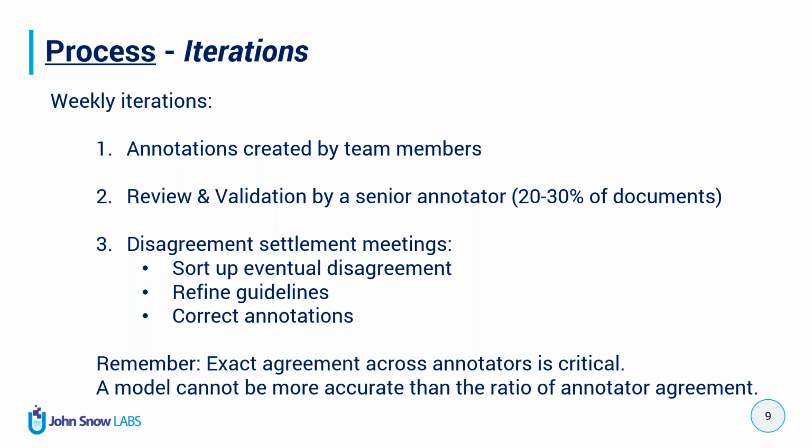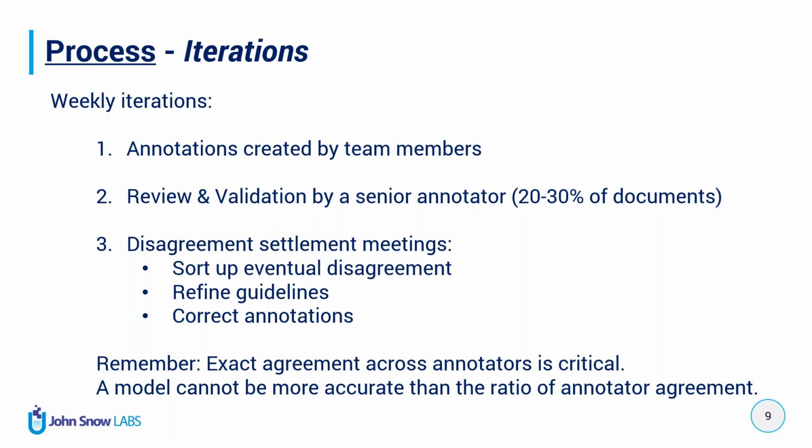Okay, so the very important point here is to have iterations and not annotate for 2 months, and after 2 months build the first version of the model just to notice that actually only 10% of the annotations were correct or are exploitable, and then go back and change everything.